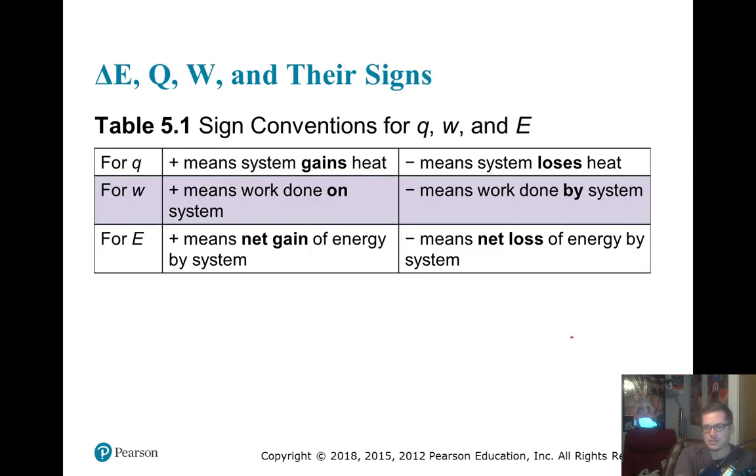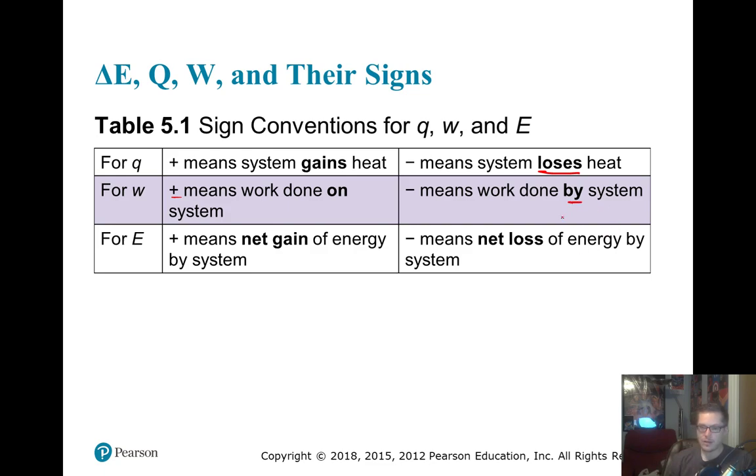Here's just a very basic idea. Positive Q means the system gains heat. Positive W means that work is done on the system, or work entered the system. Negative Q means that we lost heat, and negative W means the system did work on the surroundings.